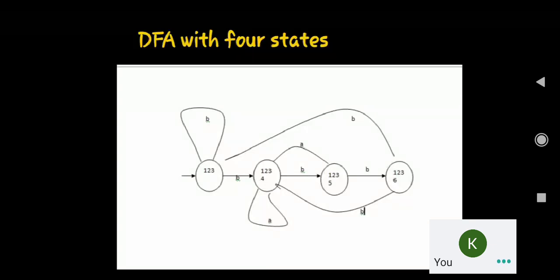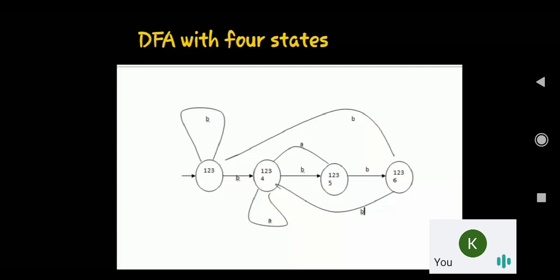With the cursor you have a small b from 1 2 3 6 to 1 2 3 4. This is not small b, actually this is small a. If you have a note and pen, kindly change it in your notebook. And similarly, from 1 2 3 to 1 2 3 4, we have a small b. This is not small b, this is a small a. Okay. So kindly make these changes.